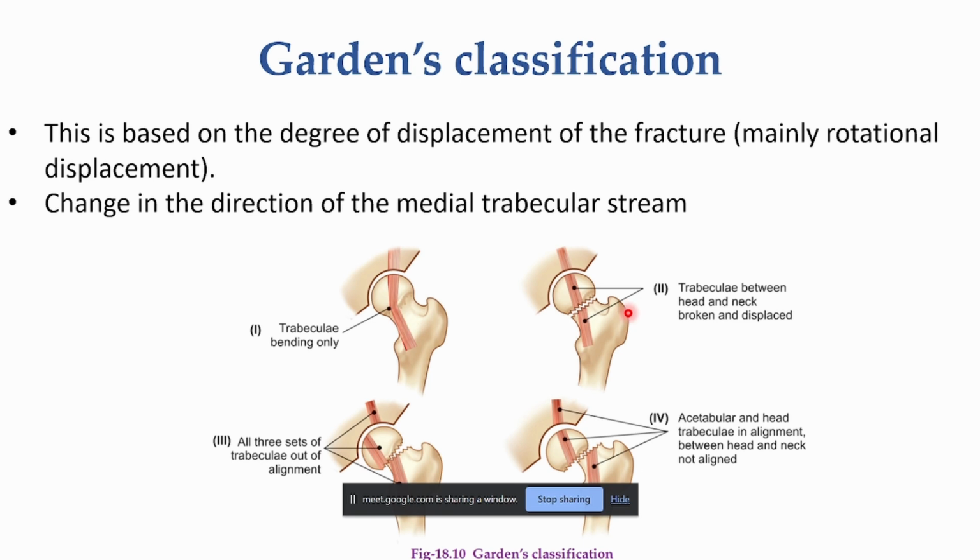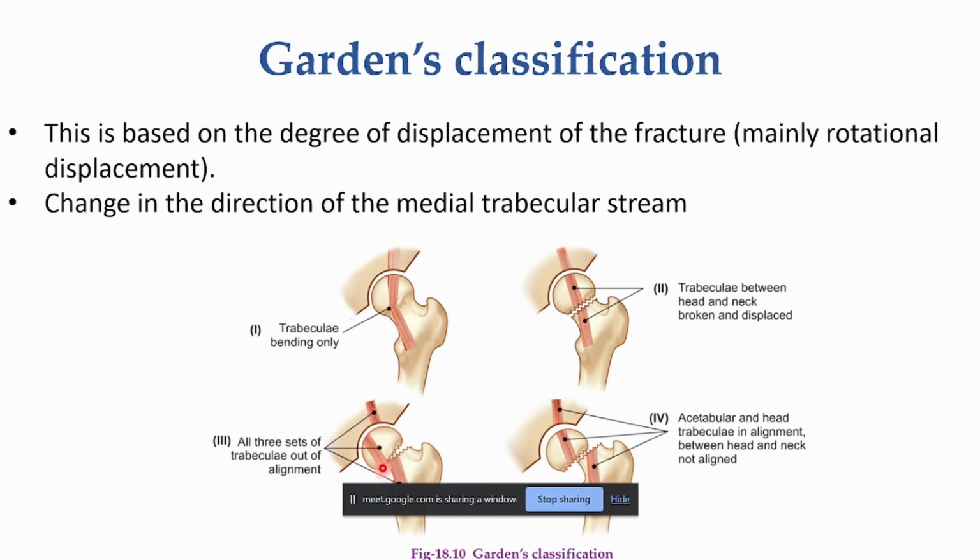Then the type 2 fracture is complete but undisplaced. The trabeculae between head and neck are broken but not displaced, as we can see in the figure. The third type is complete and partially displaced. All the three sets of the trabeculae are out of alignment, as we can see in the figure.